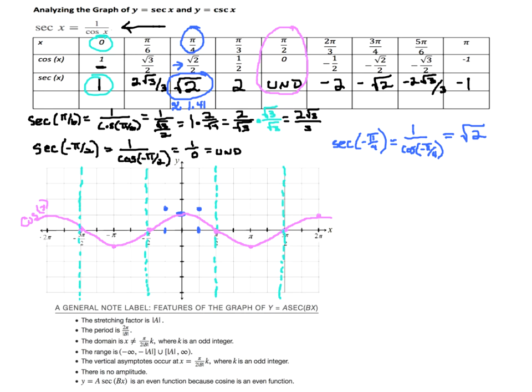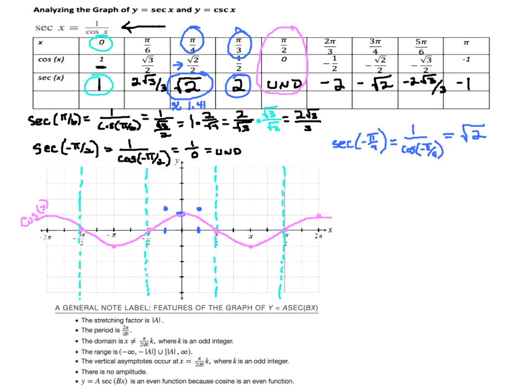I can do pi over 6. Let's see if I've got some nice, neat numbers for pi over 6. No, I'm sorry, not pi over 6. That was pi over 4. Let's do pi over 3. That's nice and neat.